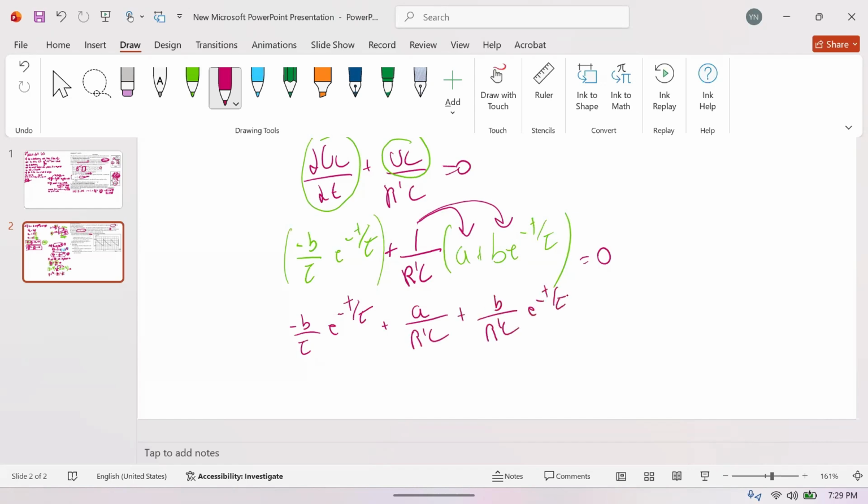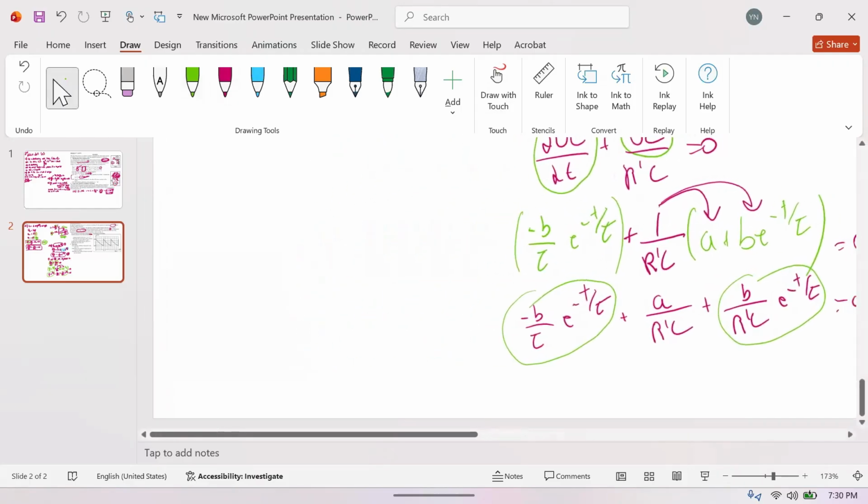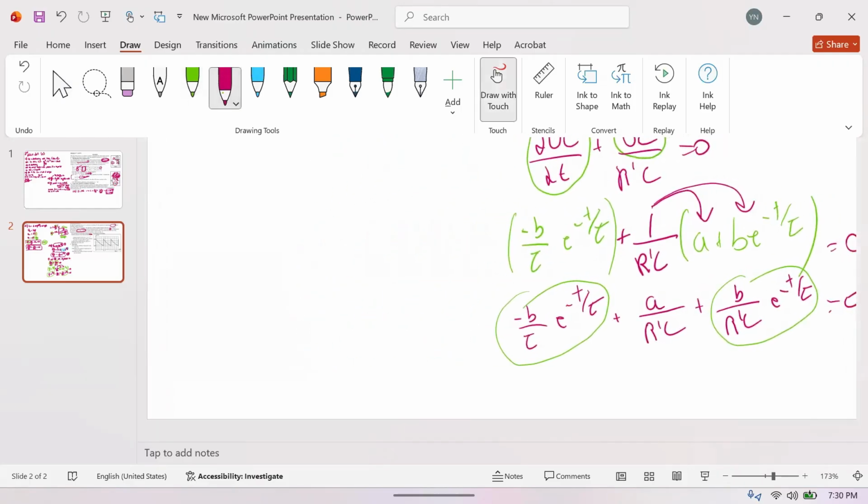Now, the last step and the most important one, take everything that has exponential as a common factor together. So this one here has an exponential and this one here. Okay? Take this exponential as a common factor. I will continue here on the left side. Exponential common factor. And I open a big bracket. The first term that I circled, I removed the exponential and took it on a common factor.